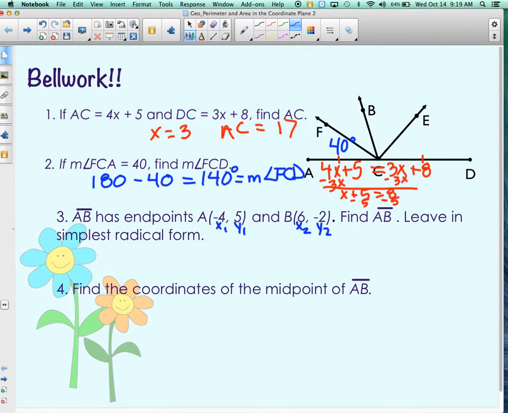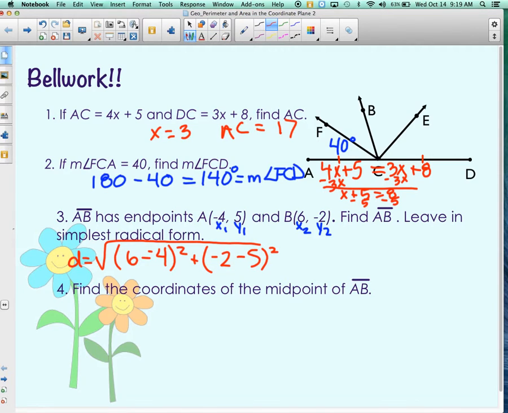No. Distance formula is the radical of (x2 minus x1) squared plus (y2 minus y1) squared, so 6 minus -4 squared plus -2 minus 5 squared. And we'll simplify.